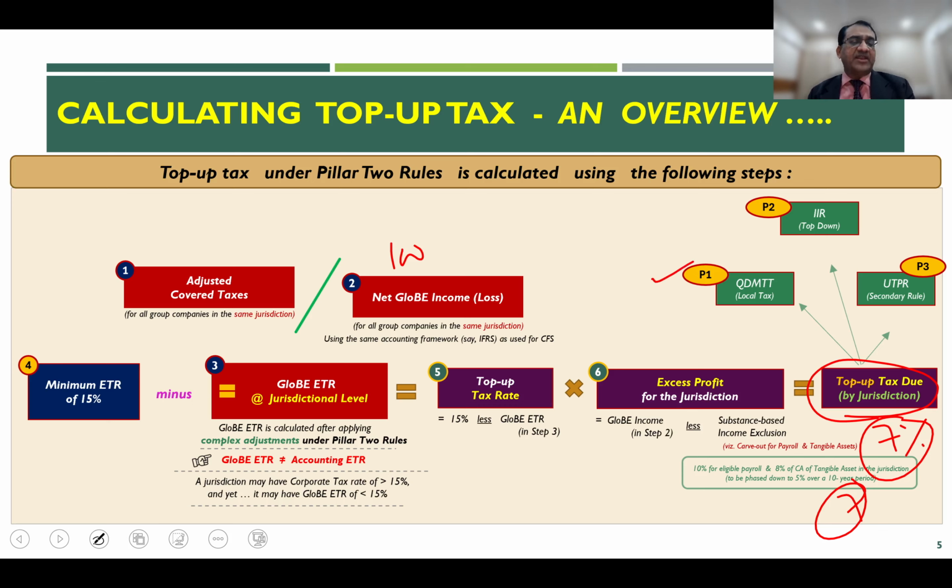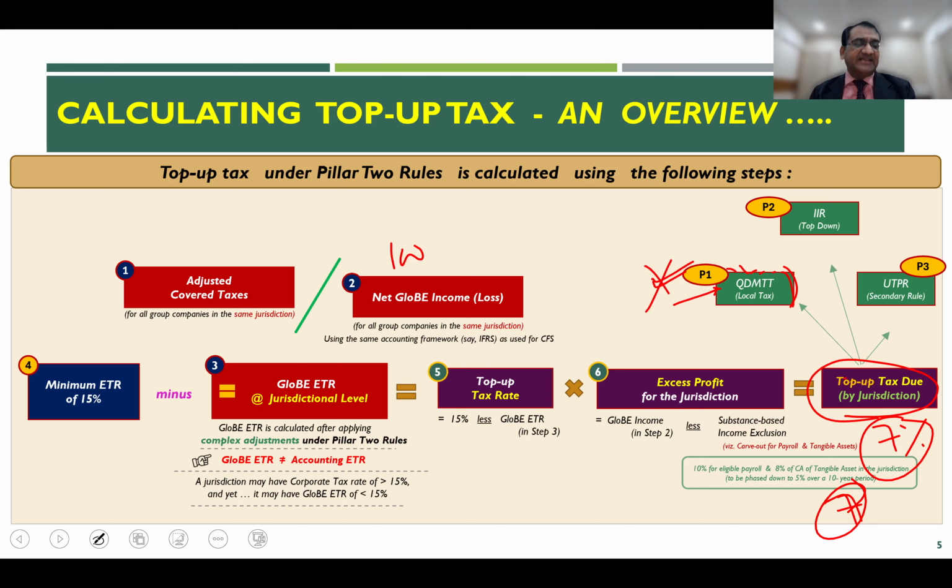The first priority under the BEPS Pillar 2 rules is that this shortfall of 7 rupees should be collected locally by the jurisdiction where the shortfall is triggered. This is collected through a mechanism called QDMTT, Qualified Domestic Minimum Top-up Tax.